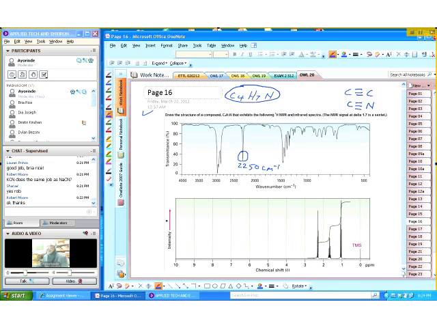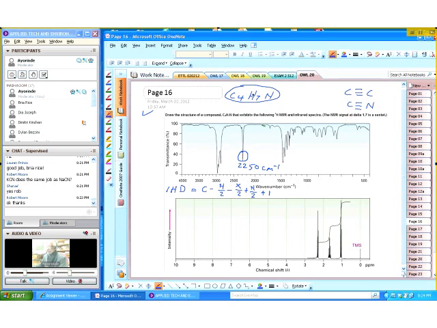Now, you could also determine the index of hydrogen deficiency. If you recall from last semester, the formula is number of carbon atoms minus number of hydrogen atoms divided by 2, minus number of halogen atoms divided by 2, plus number of nitrogen divided by 2, plus 1.